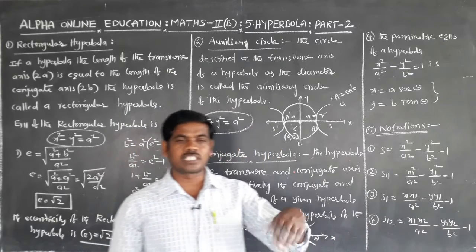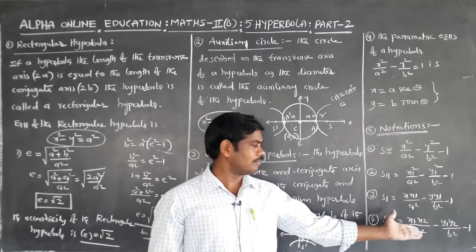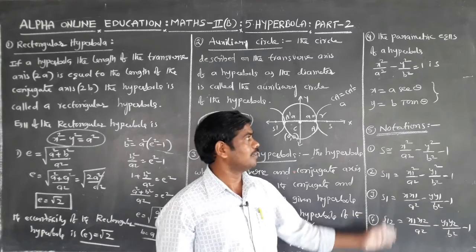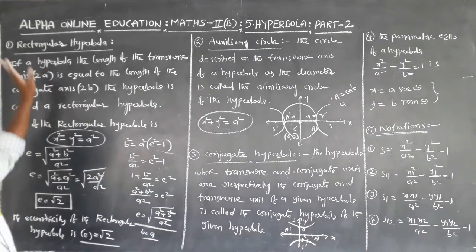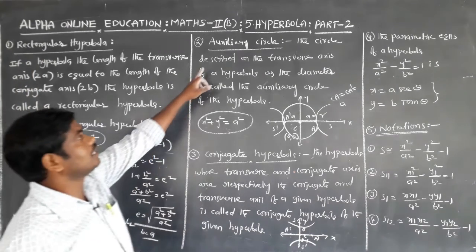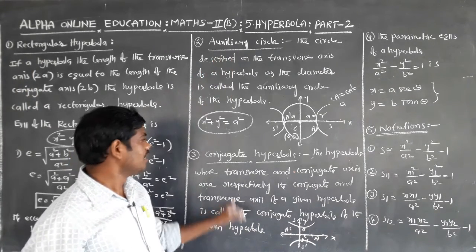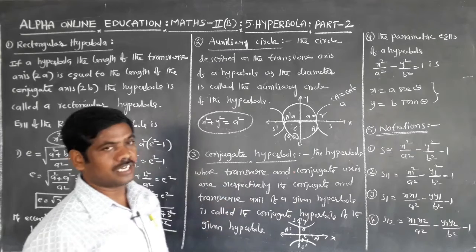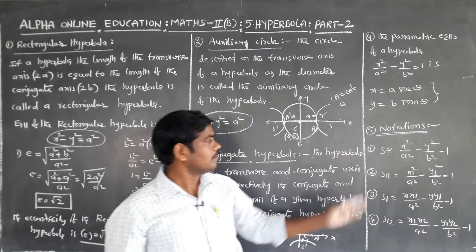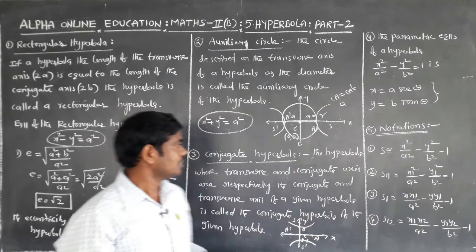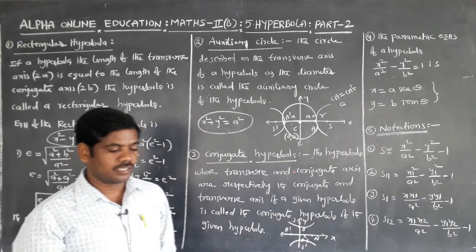S12 is x1 x2 by a square minus y1 y2 by b square minus 1. These are the notations. First one is rectangular hyperbola. Second one is auxiliary circle. Third one is conjugate hyperbola. Fourth one is parametric equations. Fifth one is notation. This is a very important concept.